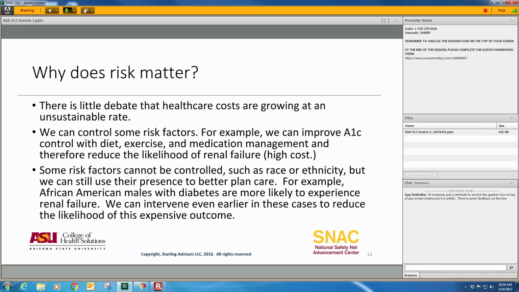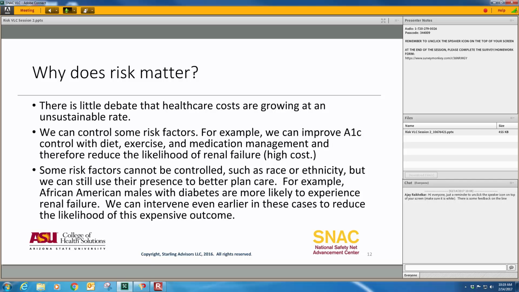Other risk factors can't be controlled. Things like race and ethnicity have an impact on a variety of health-related conditions. It's a known situation that African American males with diabetes are much more likely than non-African American males to experience renal failure when they have diabetes for a long time during their life. This actually gets expressed in one of the most commonly used laboratory tests for kidney function.